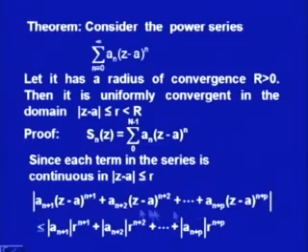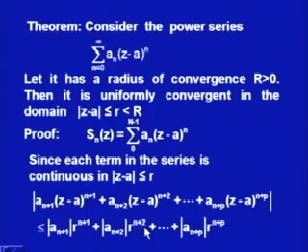So, this is the sum of p terms after a_n. This is less than |a_{n+1}| r^{n+1}, this being less than r, plus |a_{n+2}| r^{n+2}, and so on. These coefficients may be imaginary, so we have to consider the modulus here.